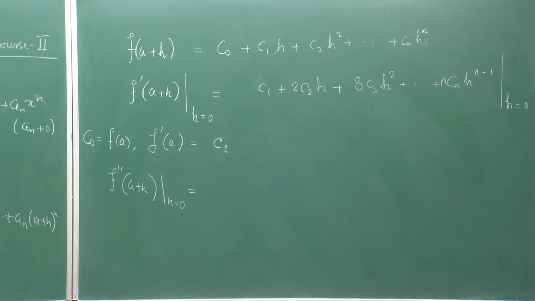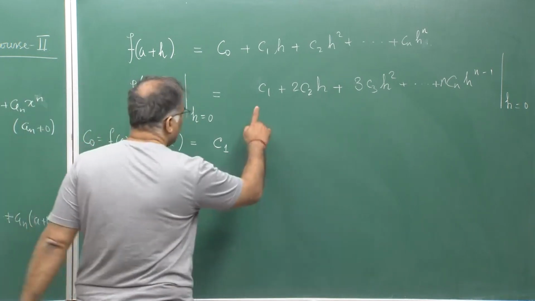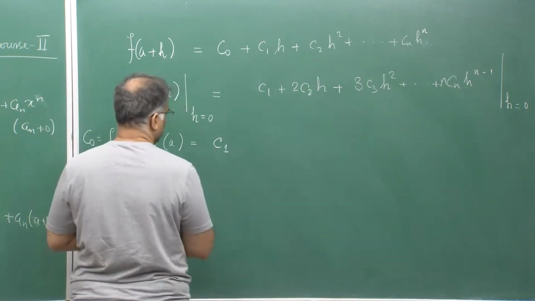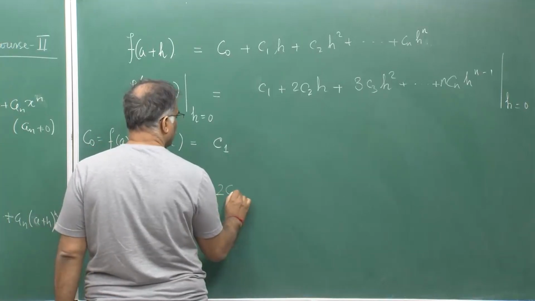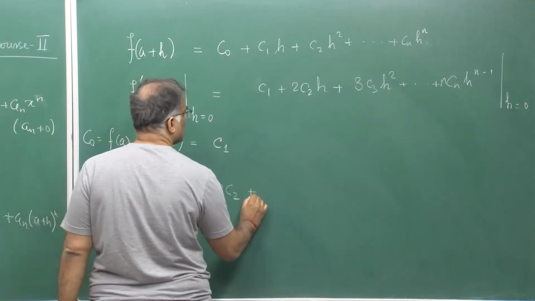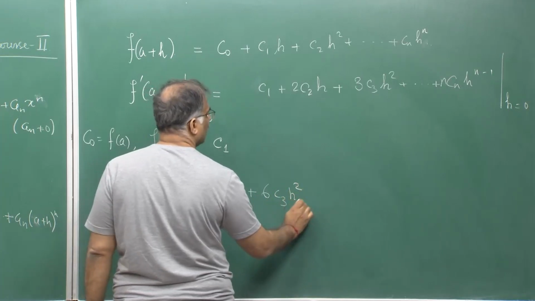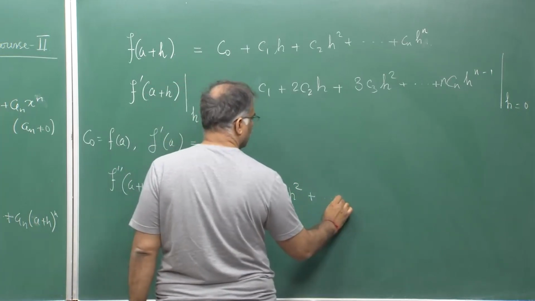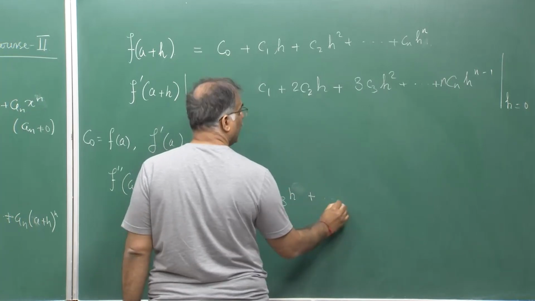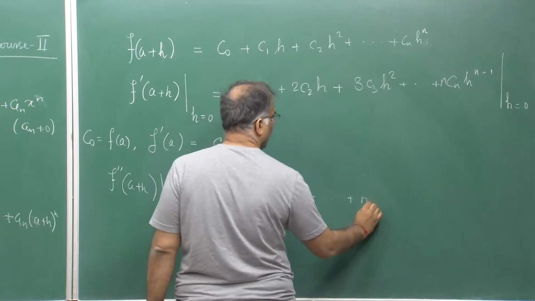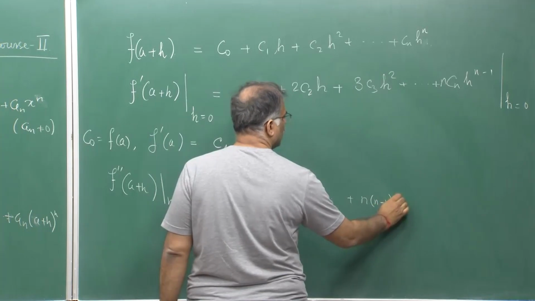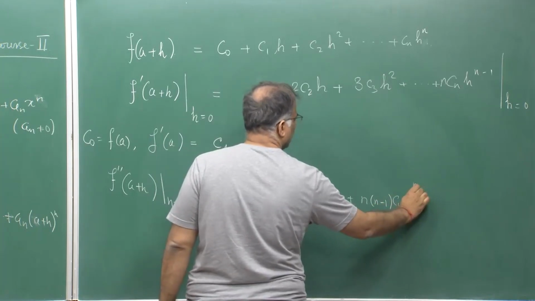Now, what is happening is that if I do the second derivative, I take a derivative of this. So it will become 2c2 plus 6c3 h plus up to n(n minus 1) cn h to the n minus 2.